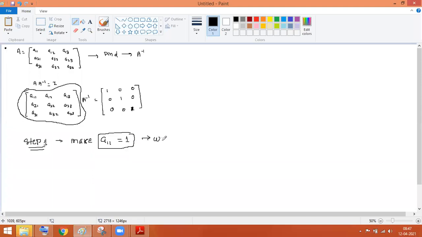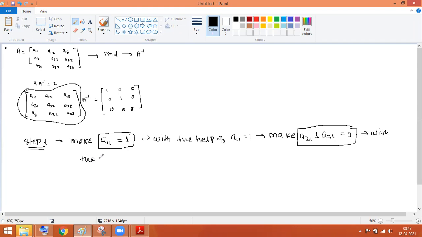With the help of A11 equal to 1, make A21 and A31 equal to 0, using the transformation R2 tends to R2 plus minus some constant times R1, and R3 tends to R3 plus minus some constant times R1.